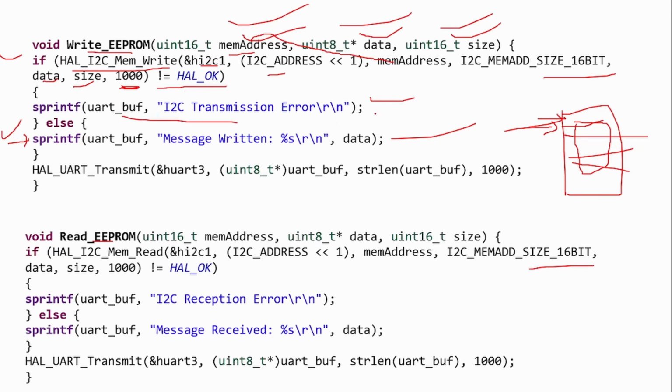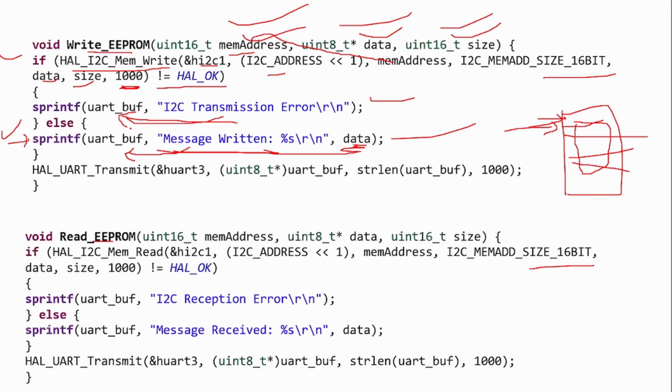Now here two sprintf functions are there. In the first, upon successful execution, it will write the message written and your data into the UART buffer. And if there is some issue and this function does not write successfully to the EEPROM, it will simply load I2C transmission error in this variable.